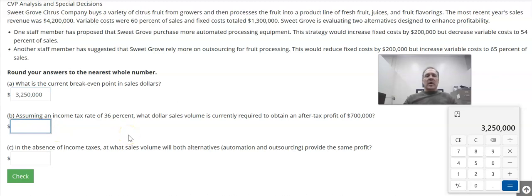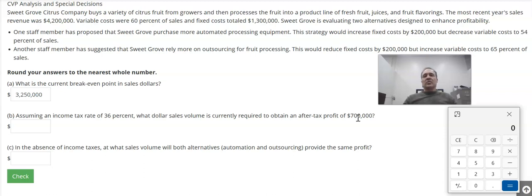And that's probably going to be right. So I'm going to clear this out here, and now it says assuming an income tax rate of 36%, what dollar sales volume is currently required to obtain an after-tax profit of $700,000. So if you need help with this, that's perfectly fine.